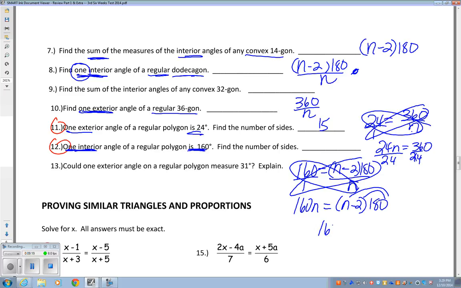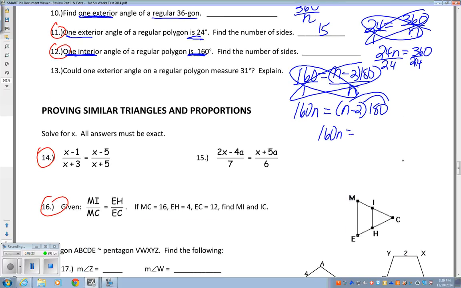So 160n equals 180n minus 360. You're going to solve for n. So subtract the 180n from both sides. This will give me negative 20n equals negative 360.